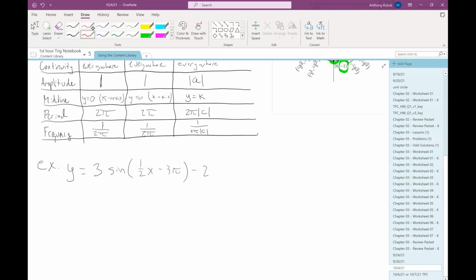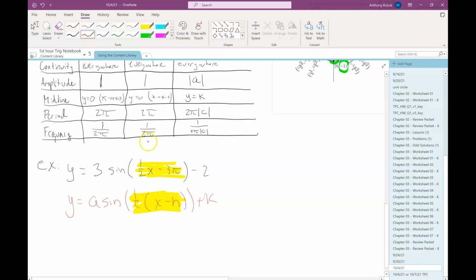To do that, really I just need to find the values for A, C, H, and K. And then I can just fill them into the little formulas we developed from our table. So again, my general transformation for the sine function looks like this. Again, the place where I have to be careful is making sure the inside parts look the same. Notice that they don't, right?